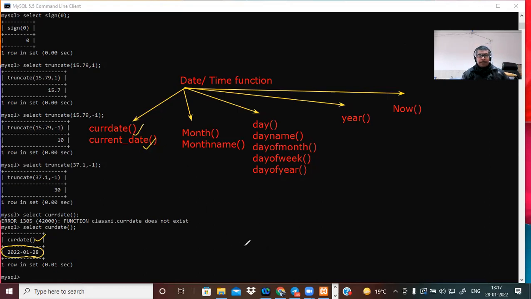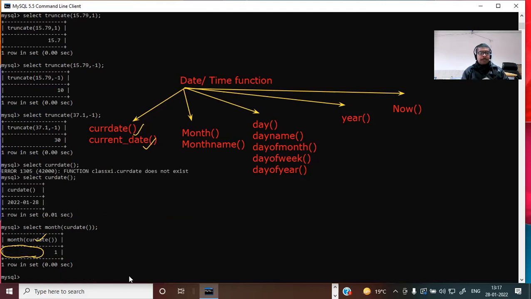Next is month. Select month. Suppose I write select month of cur date. You can see it is returning 1, so month returns the number of the month. Altogether we have 12 months.